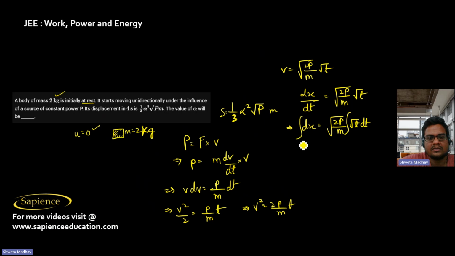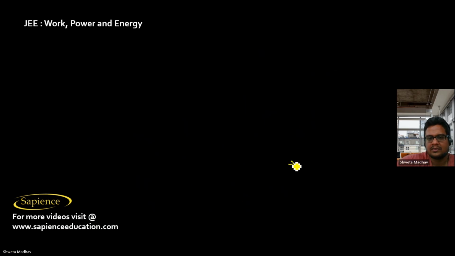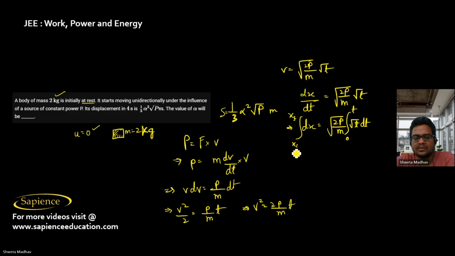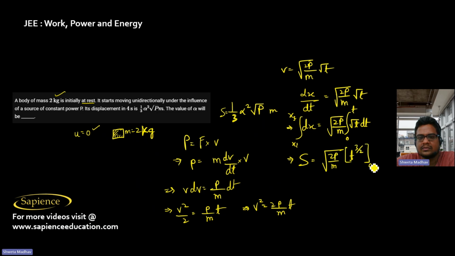Then we have to integrate it, x initial to x final, from 0 to T. So x final minus x initial, that is the displacement s, is equal to root over 2P by m into t power half dt. So that is t power 3 by 2, 0 to t.